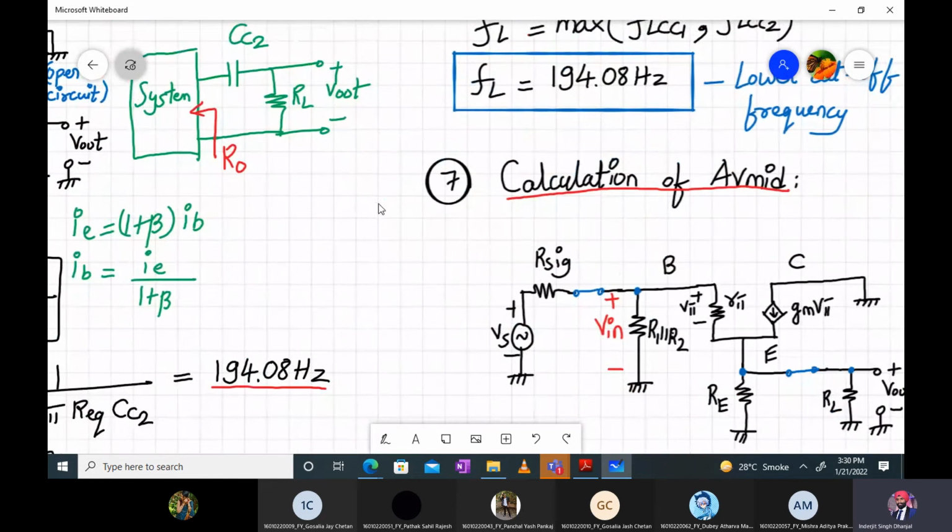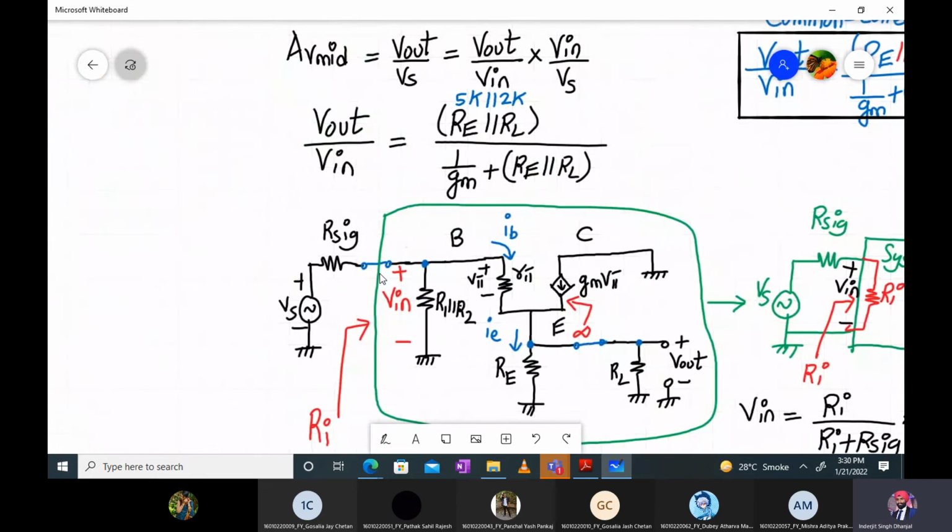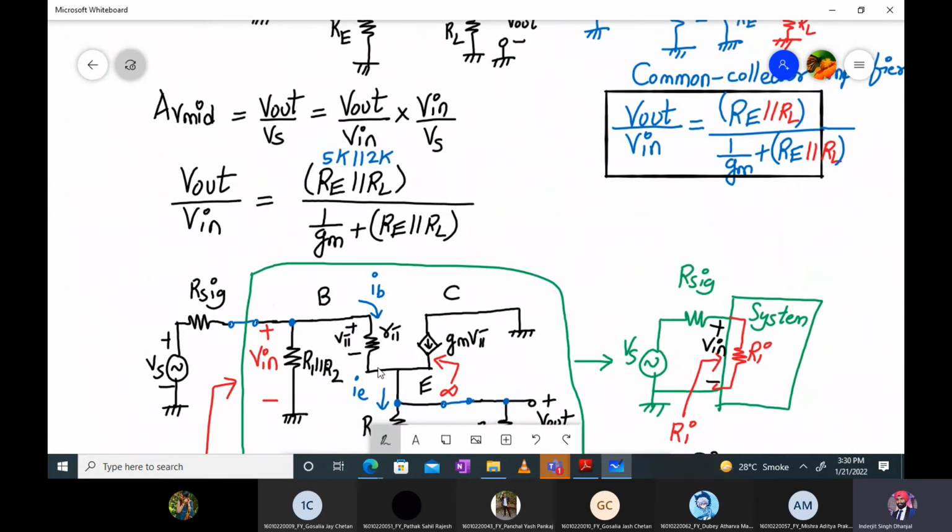Let us go back to the calculation. Here the value of gm is 24.33 milli, and Re parallel to RL is 5K parallel to 2K. Okay, so let's calculate this.